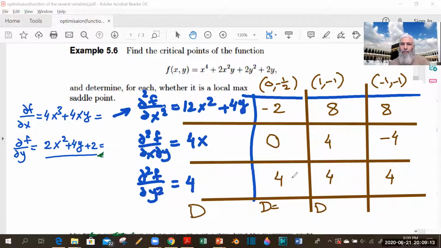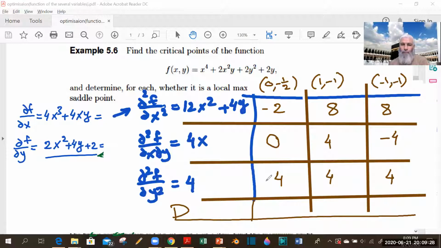Let's calculate d. I write d here. What is d here? It would be negative, this multiplied by this, negative times 4. It would be -8 plus 0, just -8.